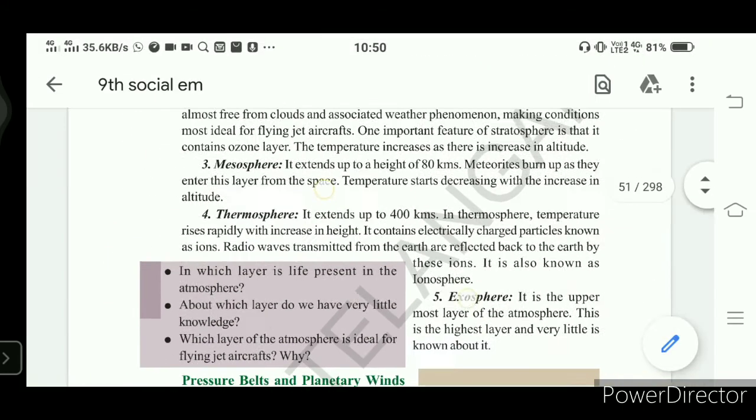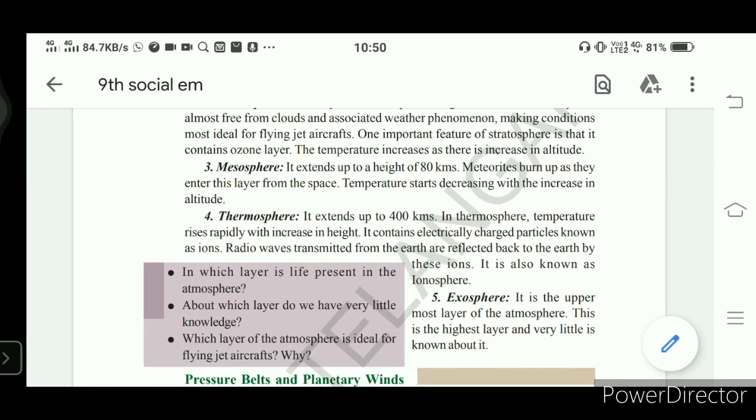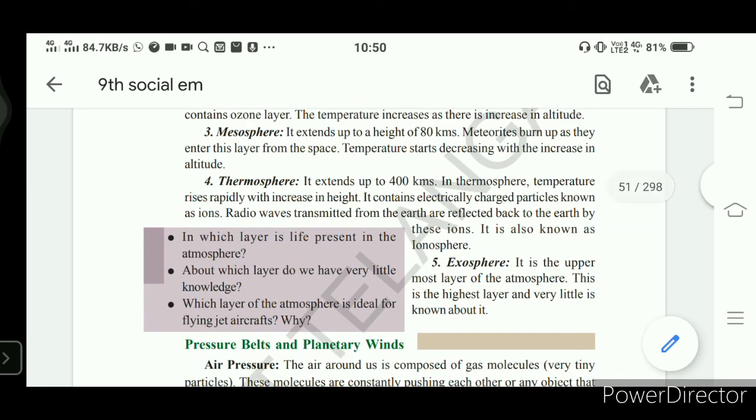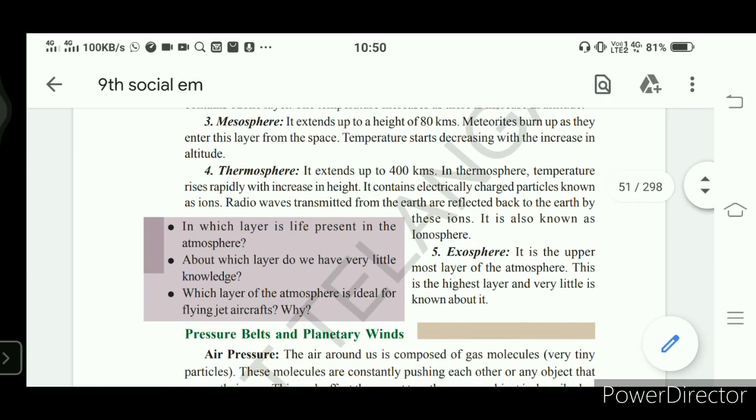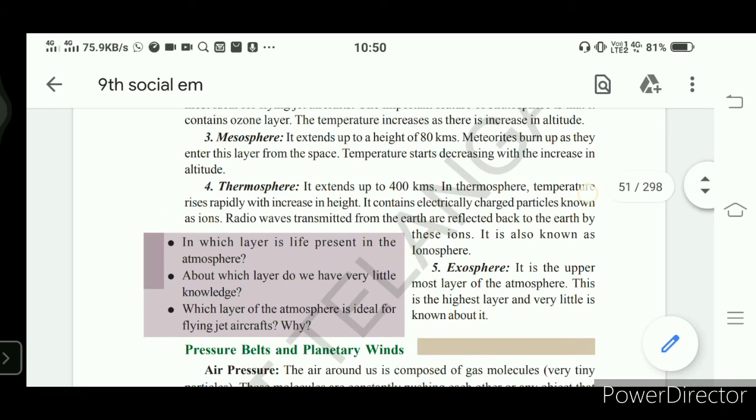And it is also called the ionosphere, my dear students, because in this layer we find electrically charged particles.